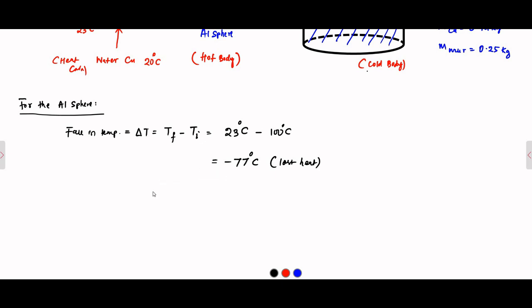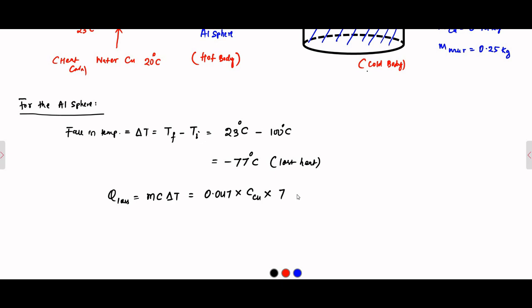But if we have to calculate the magnitude, the magnitude of heat loss is equal to m c delta T. The mass of the aluminium sphere is 0.047, then the specific heat of aluminium which we have to calculate, and the change in temperature.